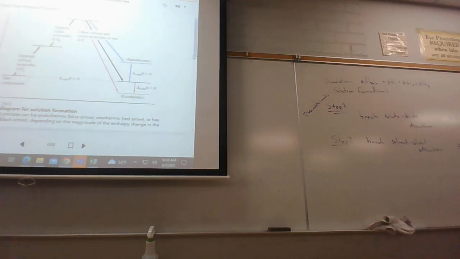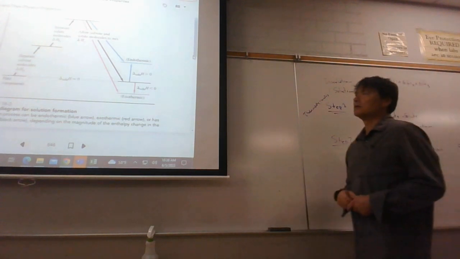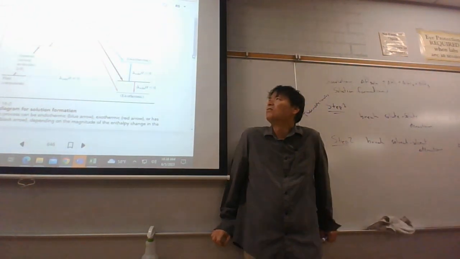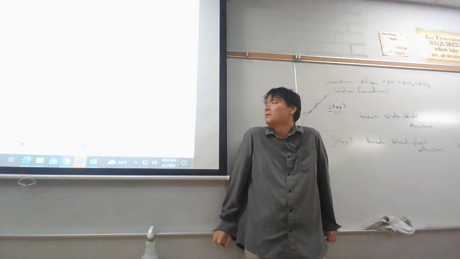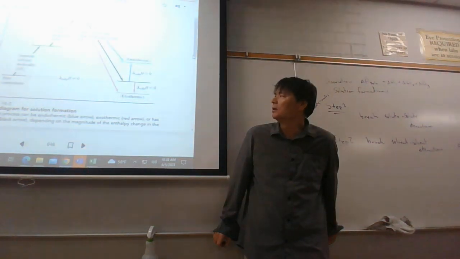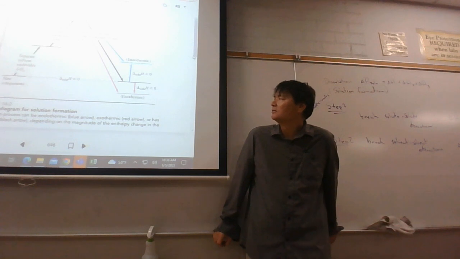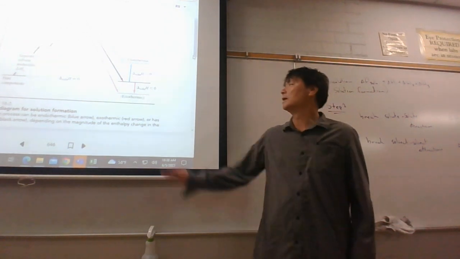And so here, the example would be sodium chloride. Sodium chloride is highly soluble. Its solubility is like, what is it, 7? Yeah, something like that, 7 grams per 100 milliliters, 6. Anyway, but it's slightly endothermic.